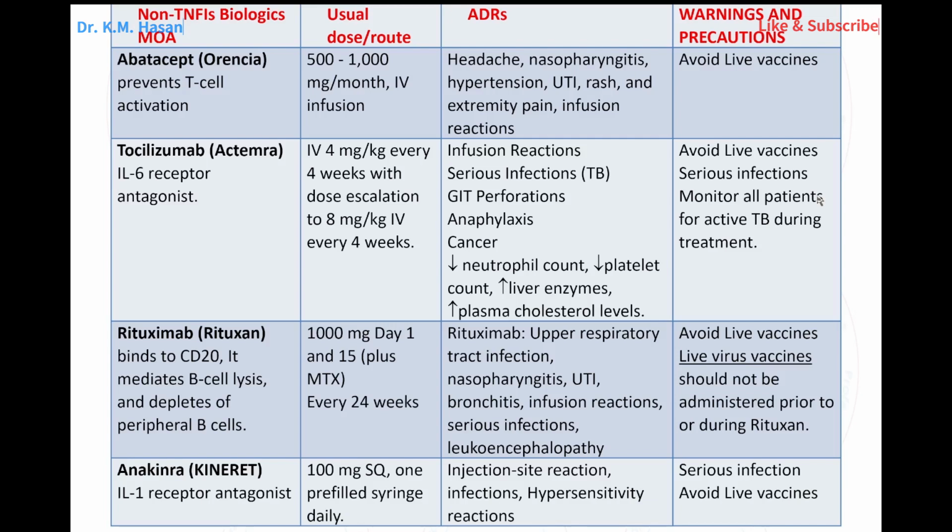Again, we have some details about the mechanism of action of the non-biological DMARDs. Abatacept prevents T cells, tocilizumab can be considered an interleukin 6 antagonist, anakinra an interleukin 1 antagonist, and rituximab binds to the CD20 on the B cells and leads to the depletion of B cells.